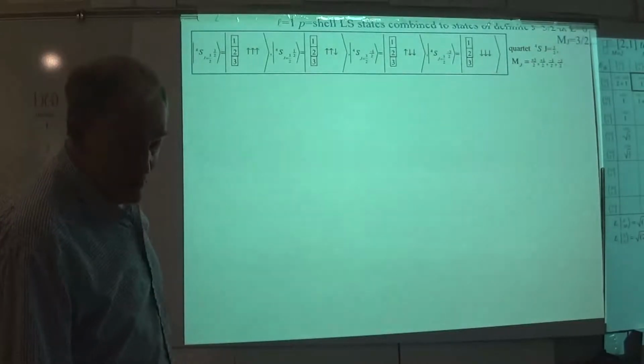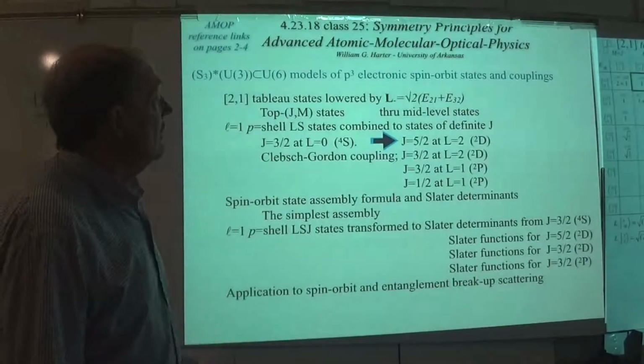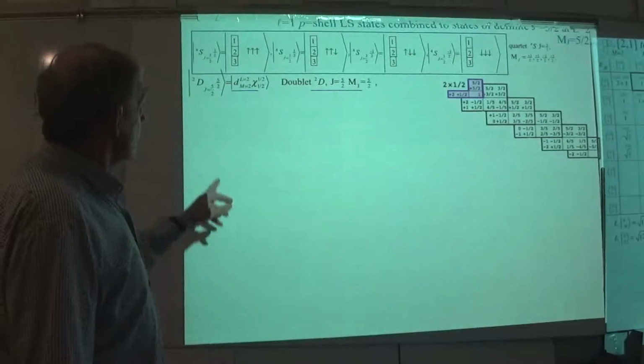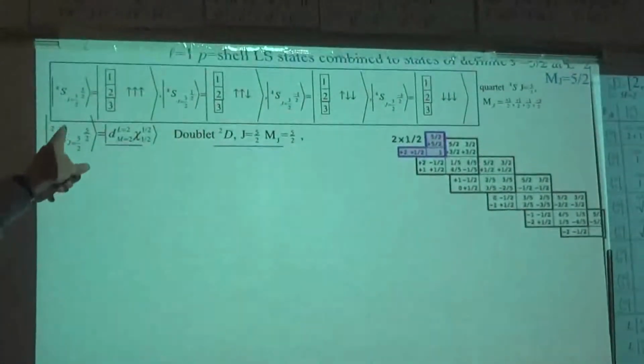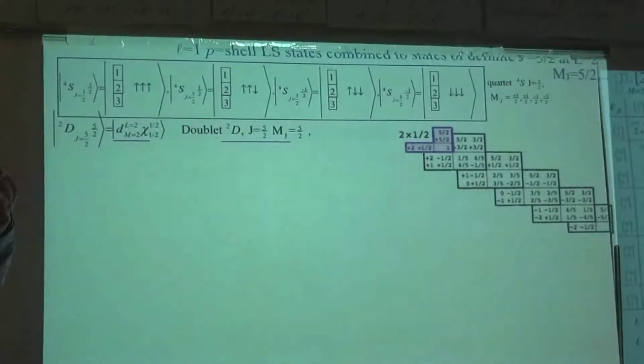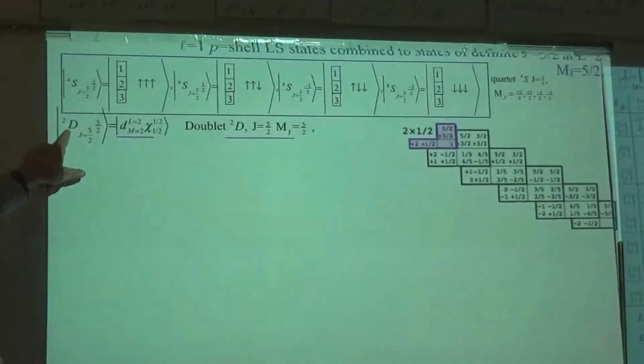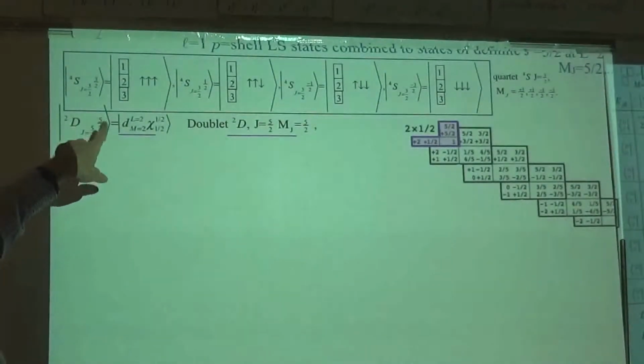In any case, basic idea is that this is a very interesting state beyond the quartet, and that is the highest D. But now we're talking about what kind of spin does that thing have.